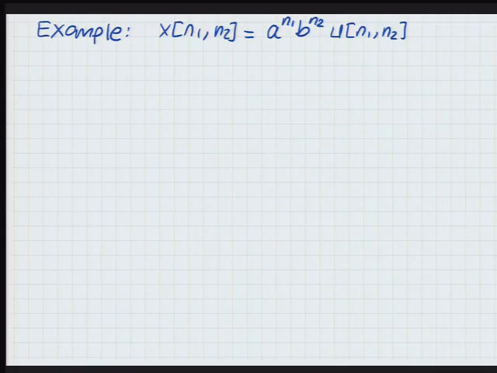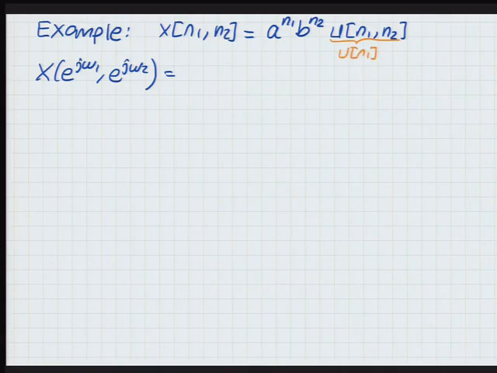So the Fourier transform, you'll remember, is the double sum. But remember first that I can write this as the product of u of n1 and u of n2, right?